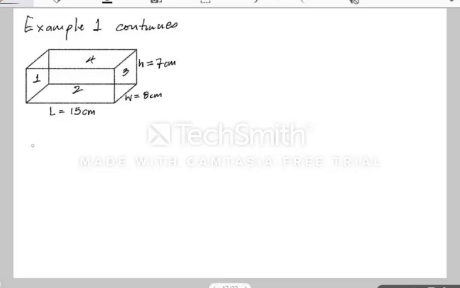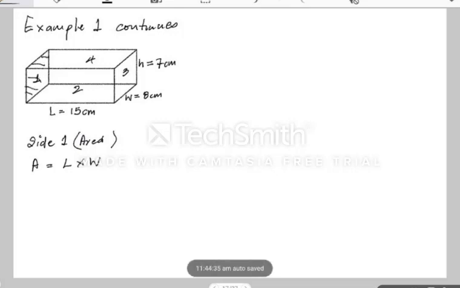So side 1, the area A is equal to length times width. Remember, side 1 is over here.